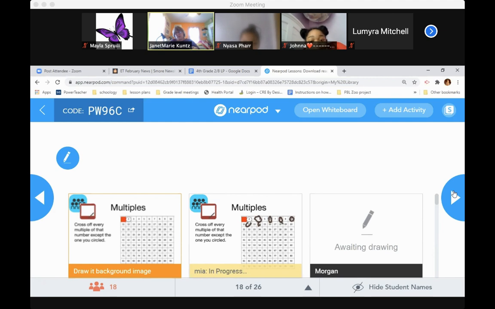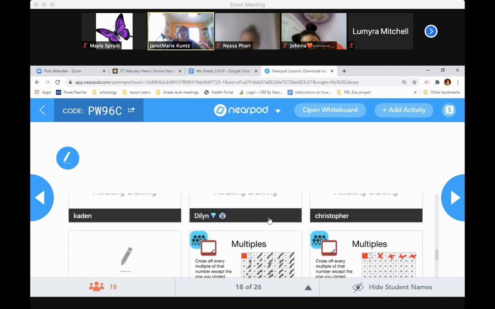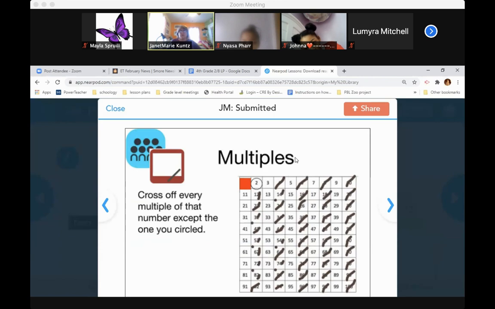Go through and cross off all the multiples of that. Should look like that.